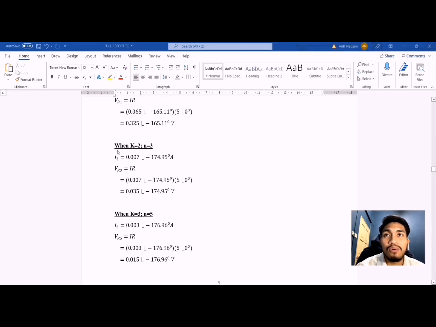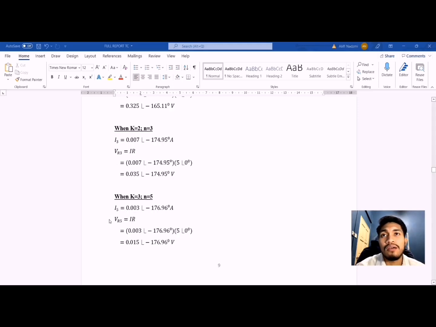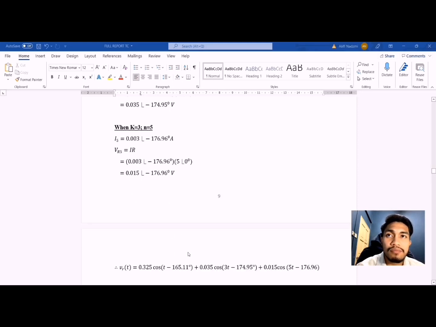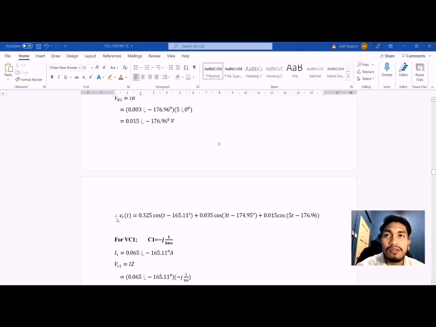For when k equal to 2, n equal to 3, the value is 0.035 angle of negative 174.95 degrees volt. For when k equal to 3 and n equal to 5, we have 0.015 angle of negative 176.96 degrees volt.